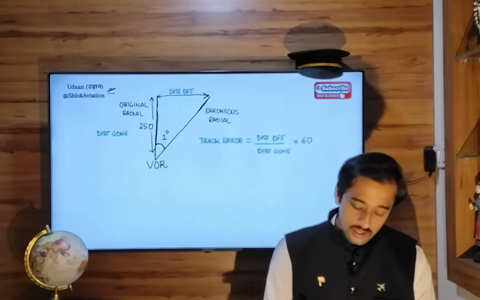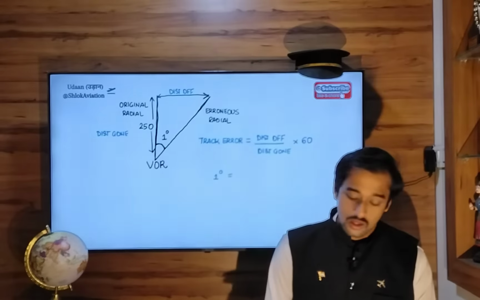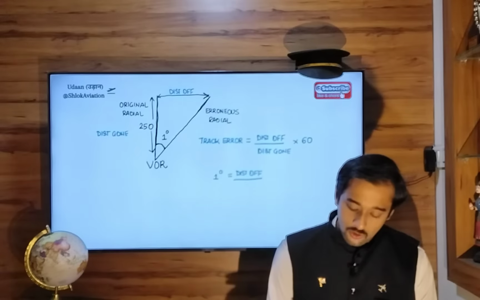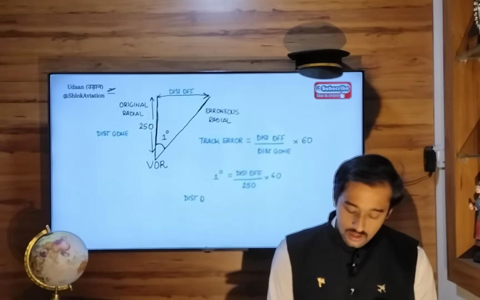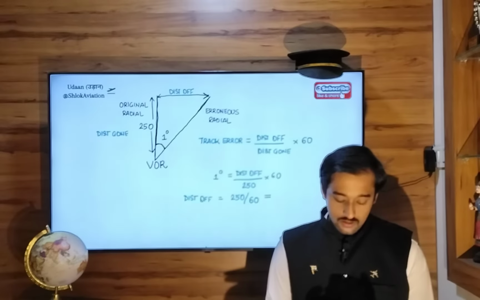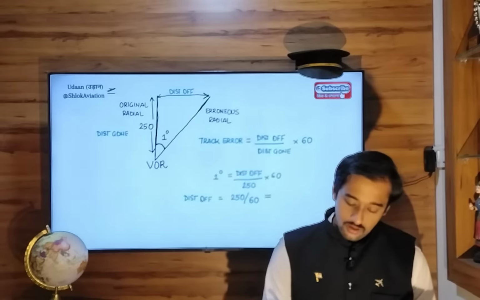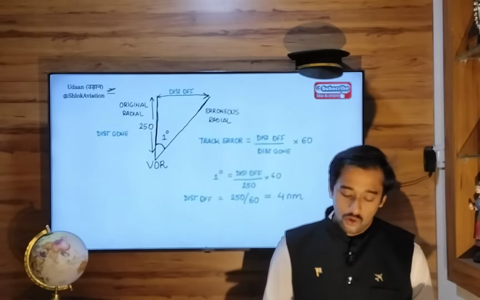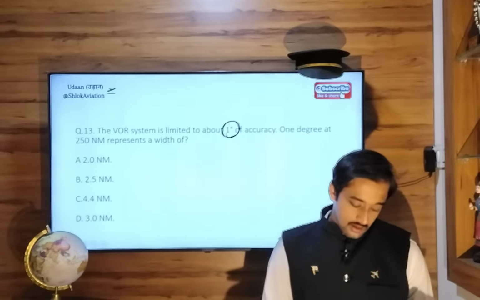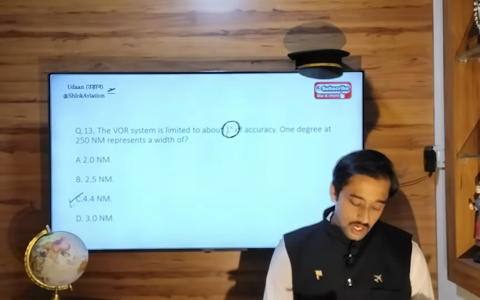Substitute the values. 1 degree equals distance off track, which we have to find out, divided by distance gone, which is 250, into 60. So distance off track equals 250 divided by 60, which is equal to 4 nautical miles. So the correct answer should be option Charlie.